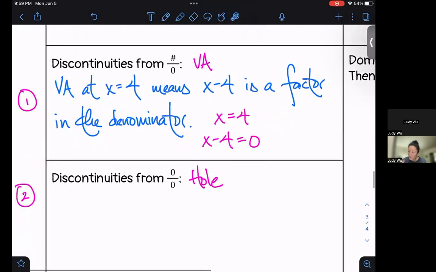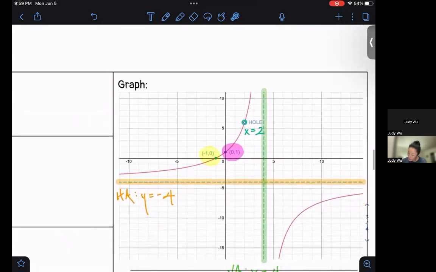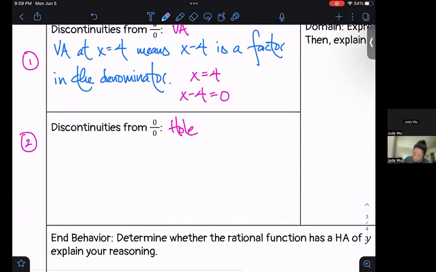All right, so I know I have one factor on the bottom, but let's see what it says about the hole again. So if we go back to our graph, we have a hole at x equals 2. So let's write out what that means, okay? A hole at x equals 2 means, all right, let's subtract the 2 to the other side.